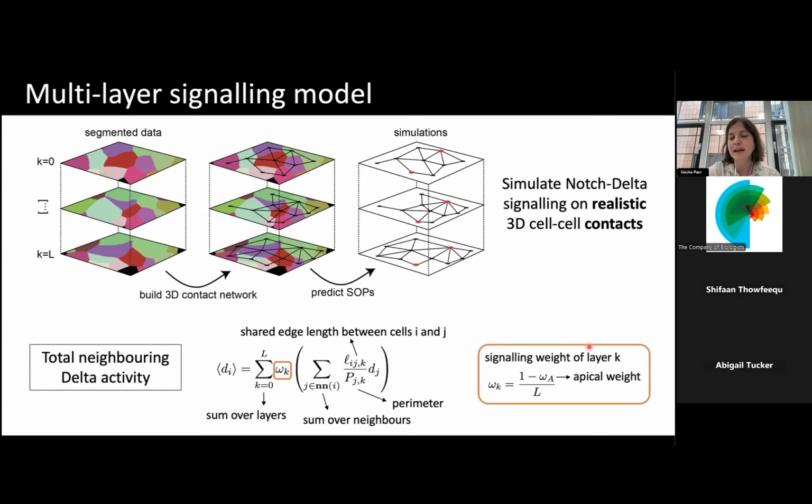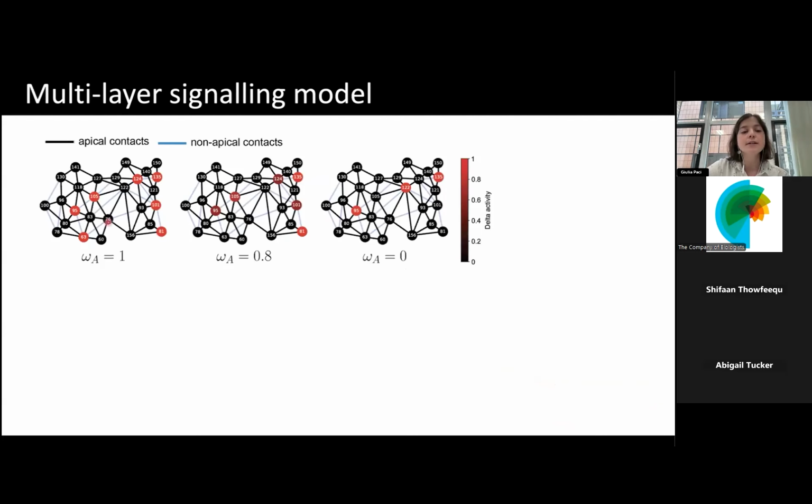This is something that can be explored very nicely in the model, because we can arbitrarily change, for example, how much weight we give to the apical contacts compared to the 3D contacts, and then see the effect of that. These are three example cases, just a small zoom in on a small region of the cell-cell network.